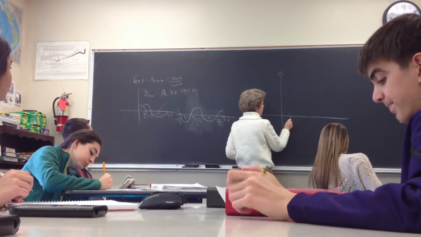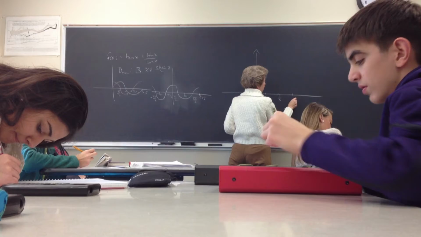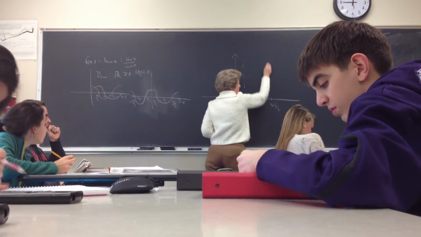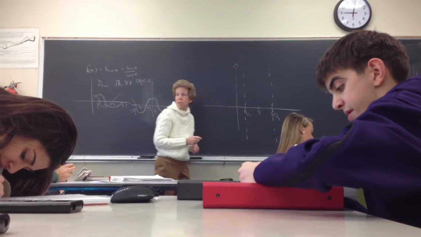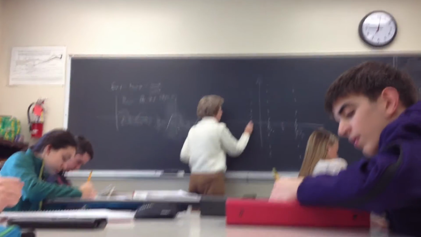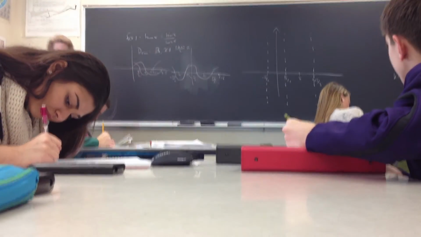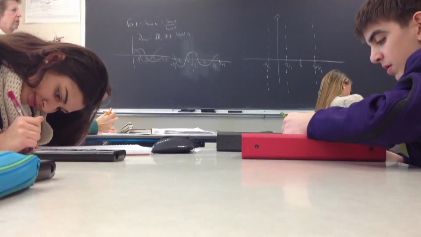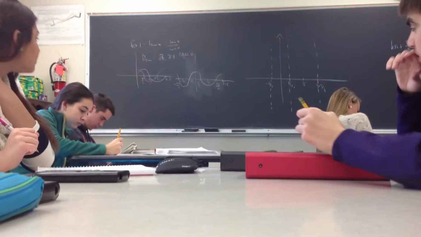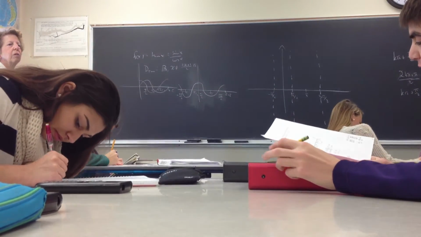So at the half pies, I know I'm going to have asymptotes because that's where the cosine curve is 0. What's another easy point to get? Hank? I guess when the sine curve's 0, it's 0.